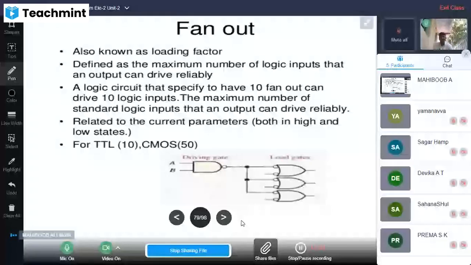A logic circuit that is specified to have a fan out of 10 can drive 10 logic inputs. Fan out is the maximum number of standard logic inputs that an output can drive reliably. So this is the connection for fan out. This logic gate can drive so many gates without any loading effect.